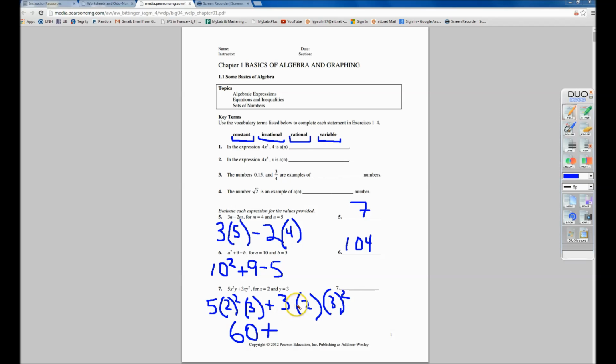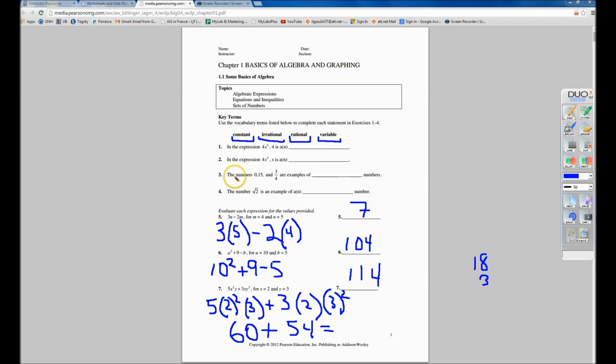And 3 times 18, I believe, is, let's see, 18 times 3, yes, 54. Adding this together, we get 114.